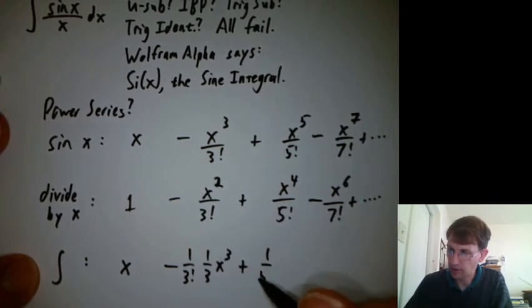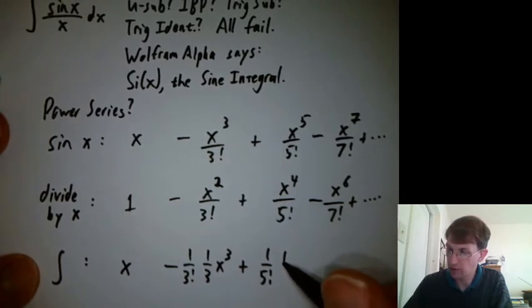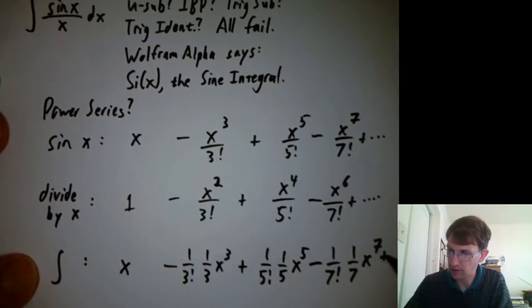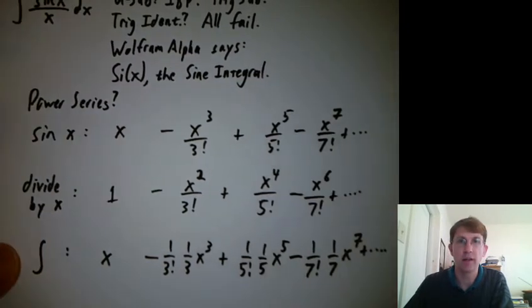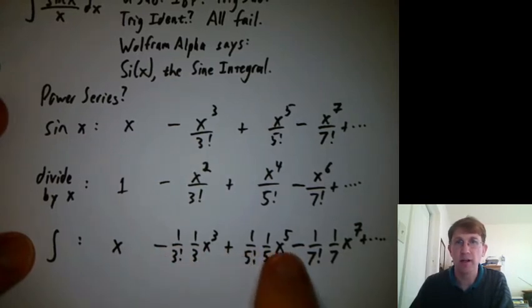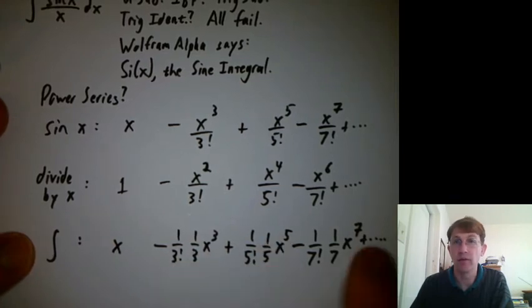We'll copy the 1 over 5 factorial, and x to the 4th when you integrate gives you 1 over 5 x to the 5th, 1 over 7 factorial, 1/7 x to the 7th, plus dot dot dot. Is that anything we recognize? Well, it sure feels like sine. It's got odd powers and everything. It's got alternating signs, but it has an extra factor of 1/3 and 1/5 and so forth.